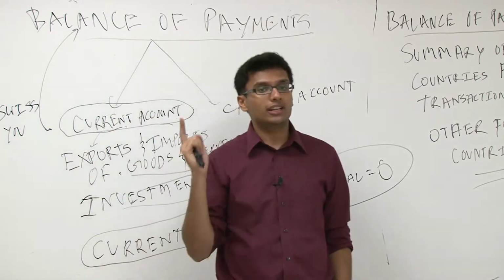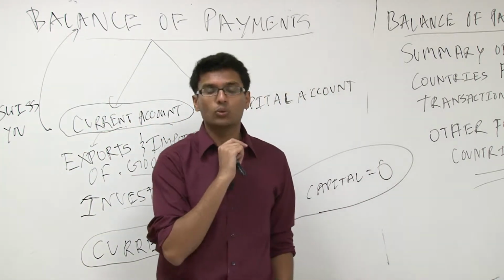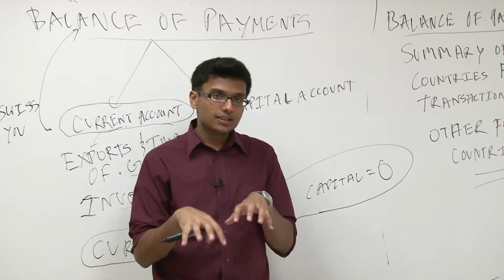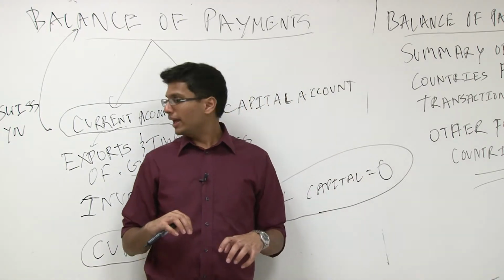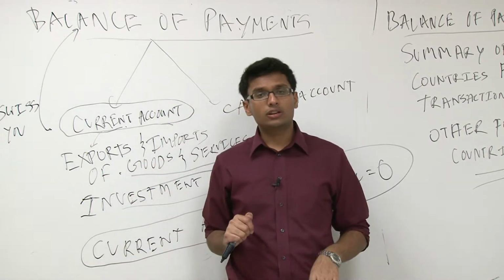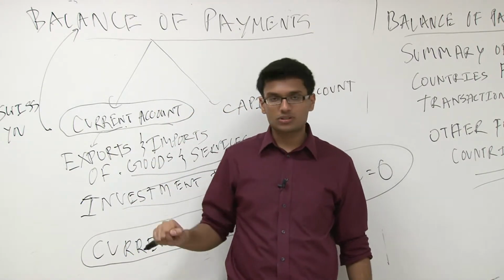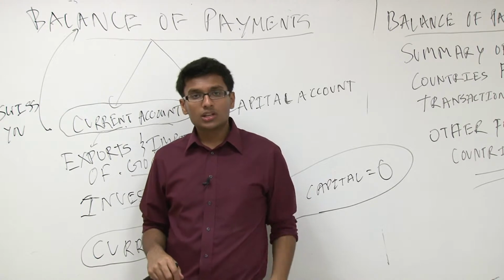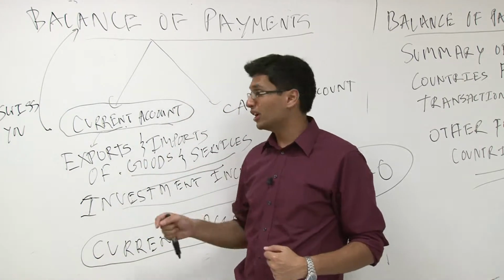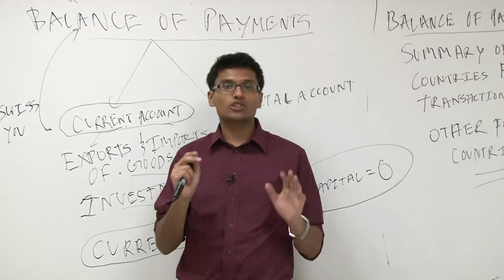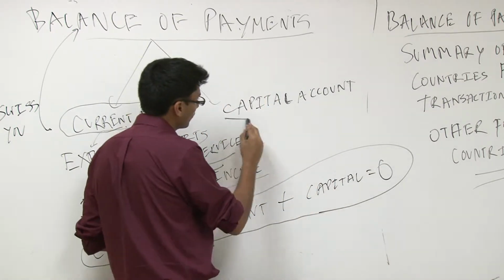In our example, we said that you went ahead and you like Swiss chocolate. You got on the internet and bought Swiss chocolate. Delicious. And you got chocolate in return and gave money to Switzerland, right? Some person in Switzerland got that money. So there's two things that happened. Your country imported a product. So what is the other part of the equation? The other part of the equation actually goes in the capital account.